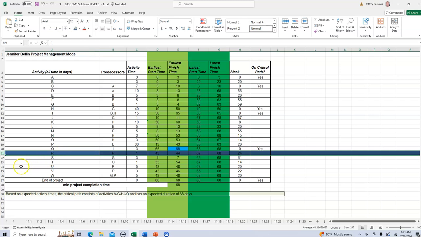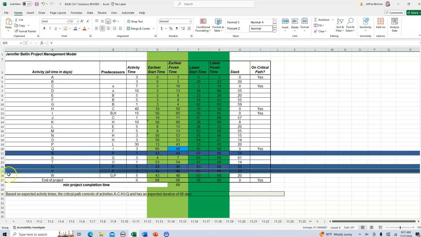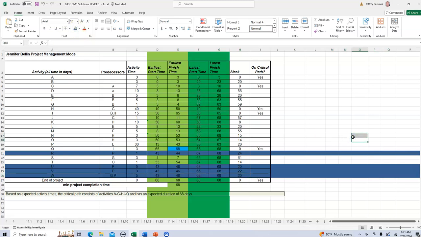Activity R, activity U, and activity V, and activity W. And so to establish the late finish time for activity P, what I'm looking at is the earliest of the start times for activities R, U, V, and W.